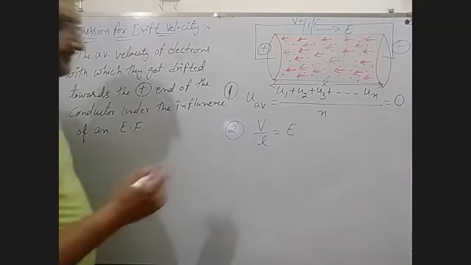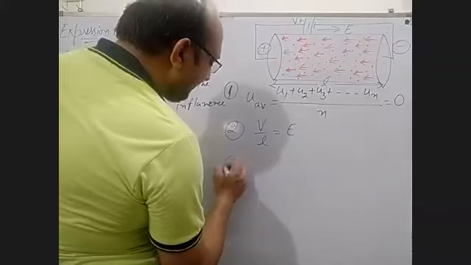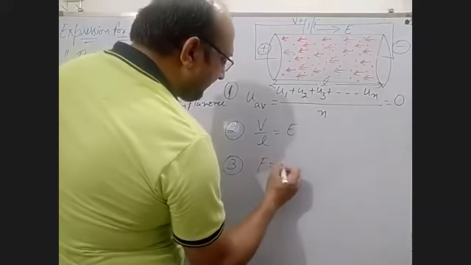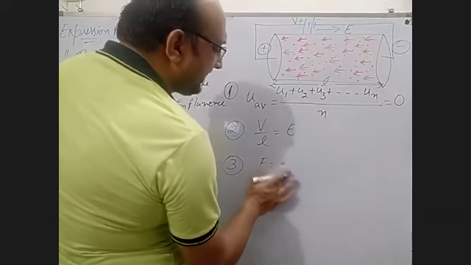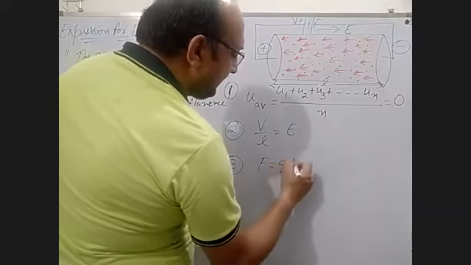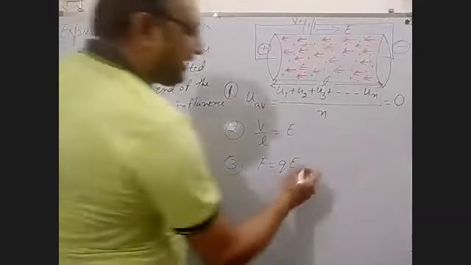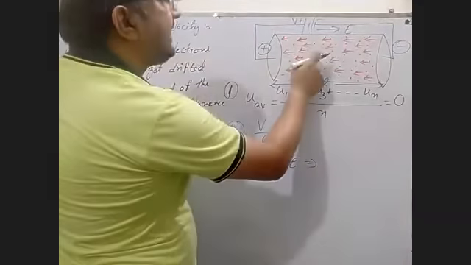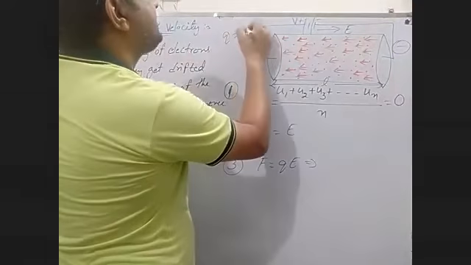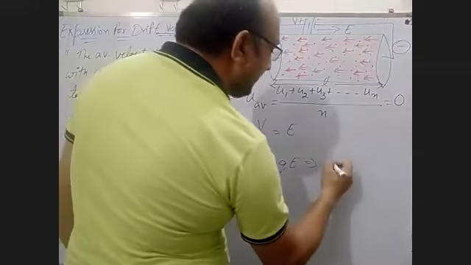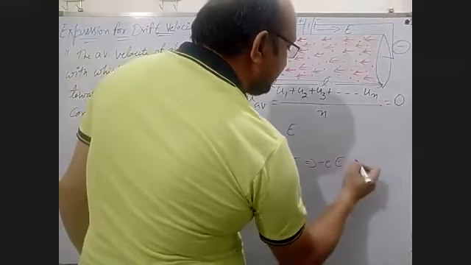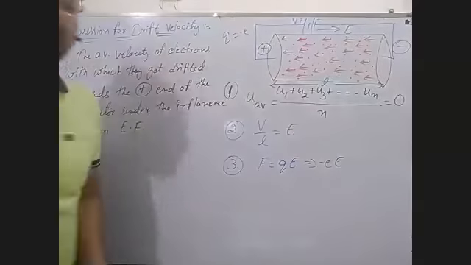Then in the third step, we have to take the value of force on it. As you know, force has the formula in case of charge and electric field, QE. But here the charge is the negative electron, so the Q value is minus e. Then this formula becomes minus eE. Now this is your third step or third equation.